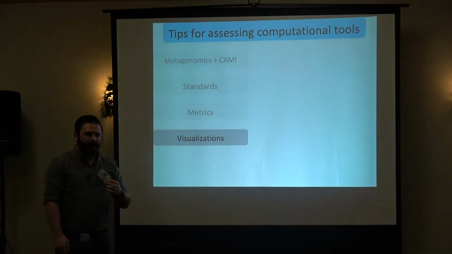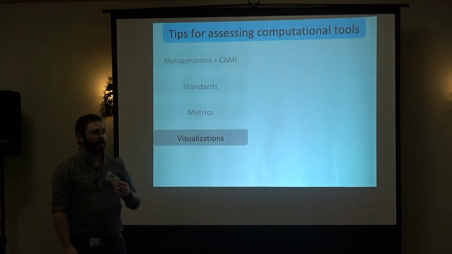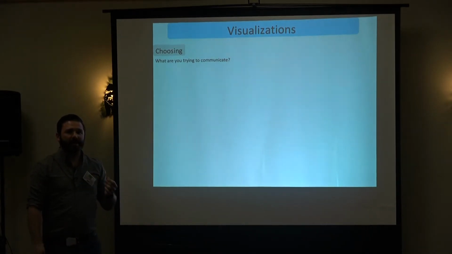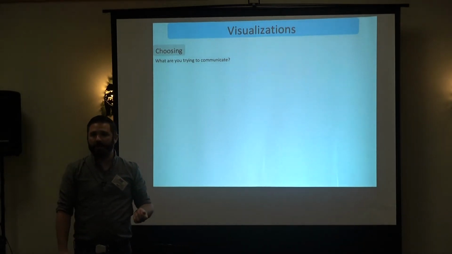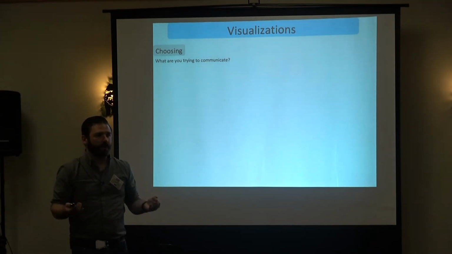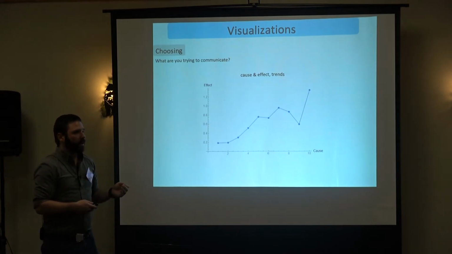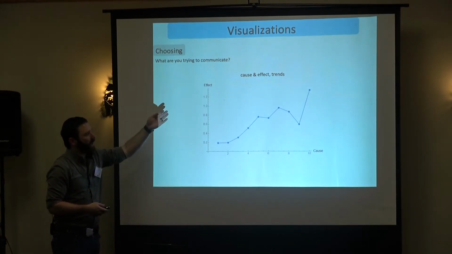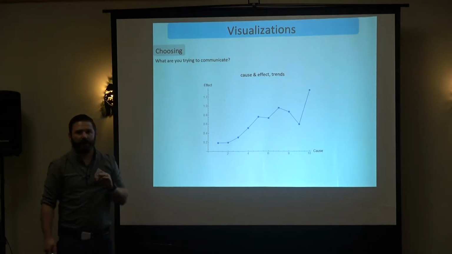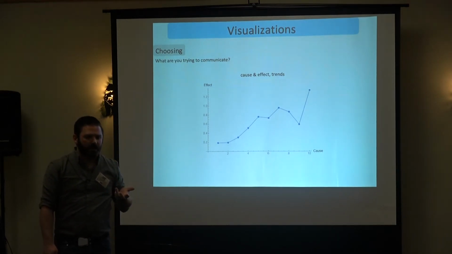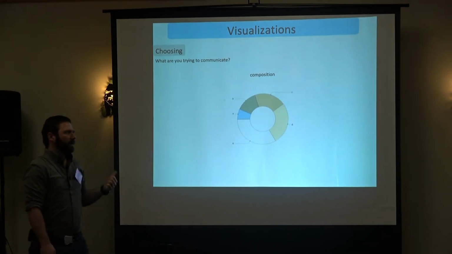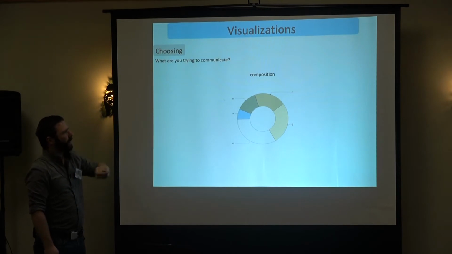And lastly, in the last about 4 minutes, visualizations. So really try to think what it is you're attempting to communicate to your audience when you do one of these benchmarking studies or you publish your own tool and want to showcase its performance. Are you trying to represent a cause and effect or a trend? Might consider a certain kind of graph, like a line graph. If instead you're trying to show composition, how parts relate to the whole, you'll definitely want to use something that looks more like a pie chart.